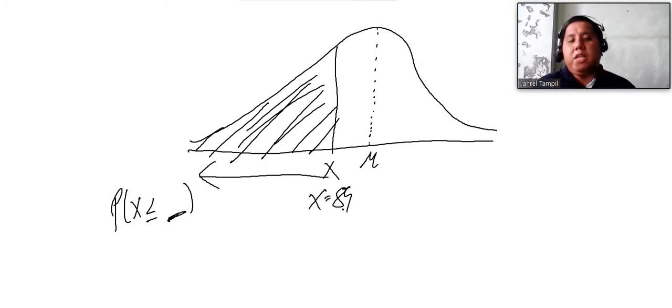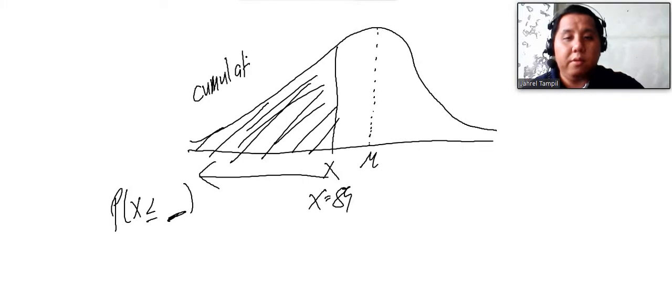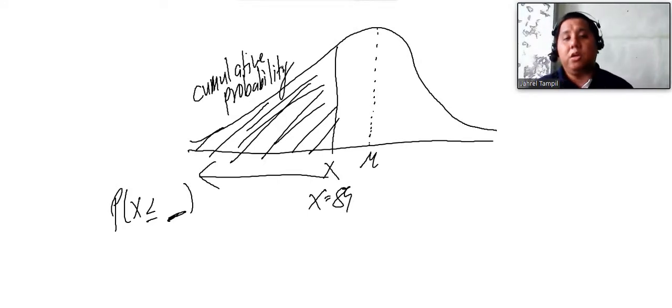What's the probability that you will get a score of 89 or even lower? So you can get 1 or 2, but that's the probability of getting a score of 1 up until the score of 89. So that's what we would usually do. And this is again what we call our cumulative probability, which later on will be very vital in analyzing our problems.